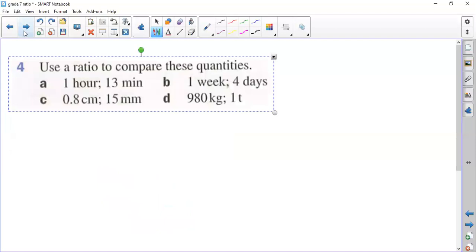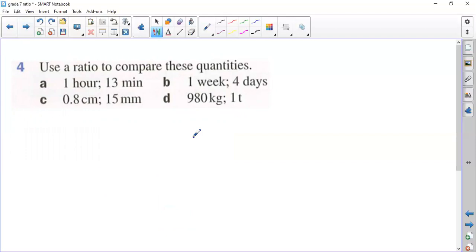Okay, let's see exercise 4. We have to use the ratio to compare these quantities. You are going to complete exercise 4. I will solve only one example. Let's compare 1 week to 4 days. 1 week has how many days? So I have to convert into the same units.